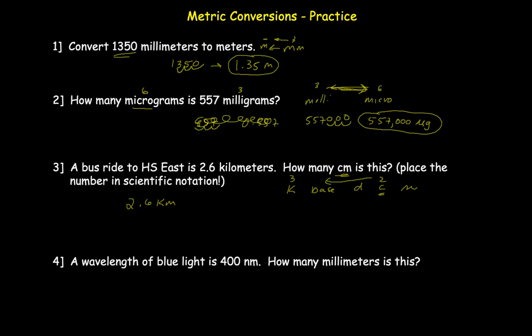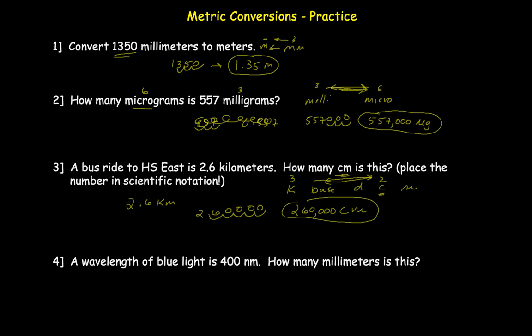So from kilo to the base to centi would be going forward 5 places. So we're going to take 2.6. I'm going to go forward 5 places. 1, 2, 3, 4, 5. And we'll fill in with zeros, right? So that would be 260,000 centimeters.